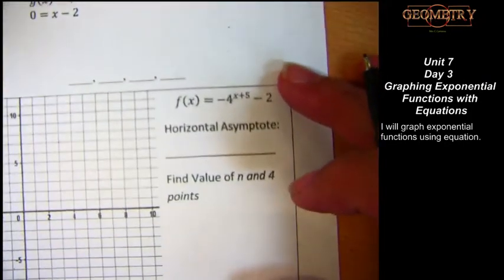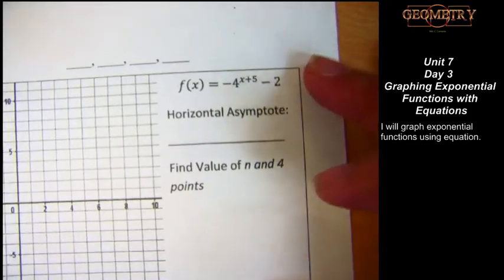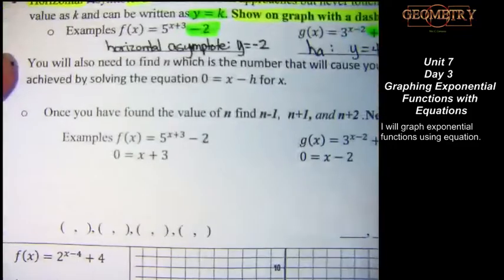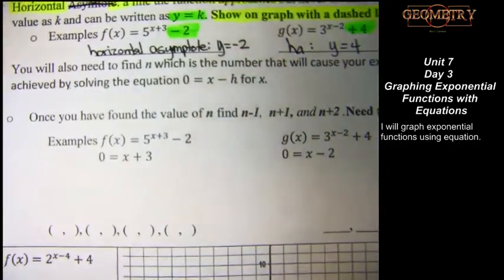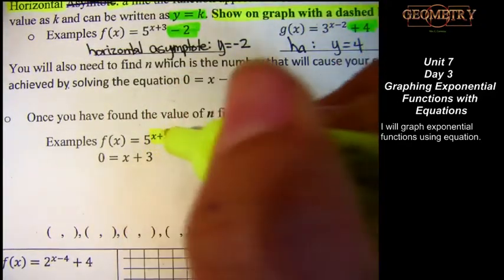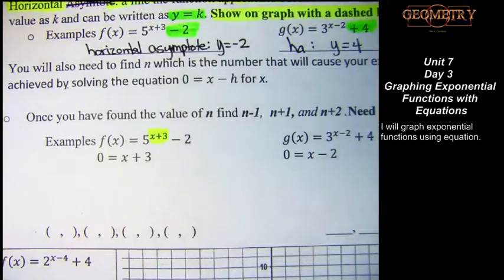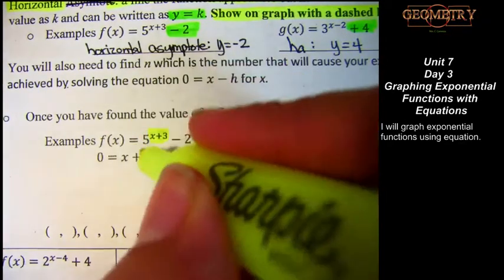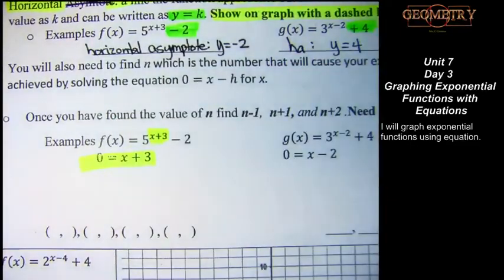The second thing you need to do, look at this one, is look at the equation and find the exponent. Okay? Find the exponent and then figure out what value of x makes the exponent 0. Set the exponent to 0.